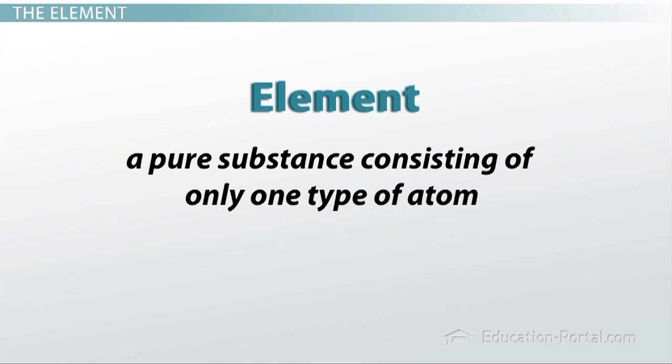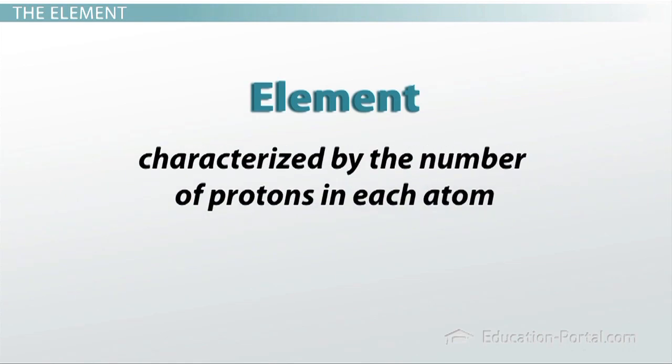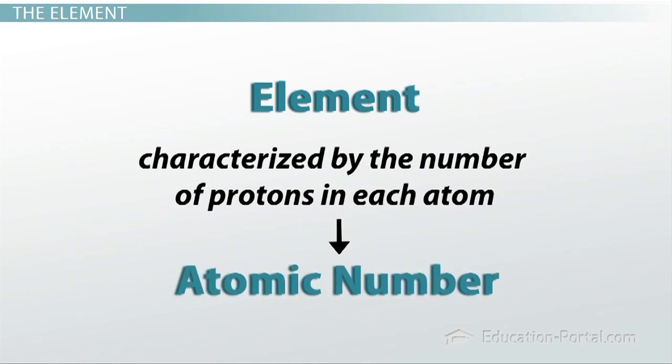And what gives an element its characteristic traits is the number of protons. The number of protons that an atom possesses is referred to as the atomic number.